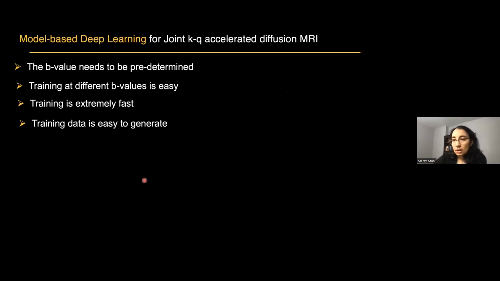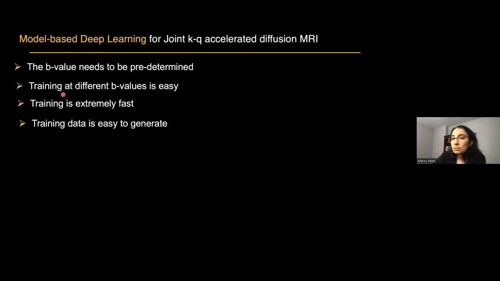So now we solved the problem associated with arbitrary Q-space sampling points, but here the b-value still needs to be predetermined. If we train for a b-value of 1000, then we have to stick with reconstructing a b-value of 1000 for the testing data as well.